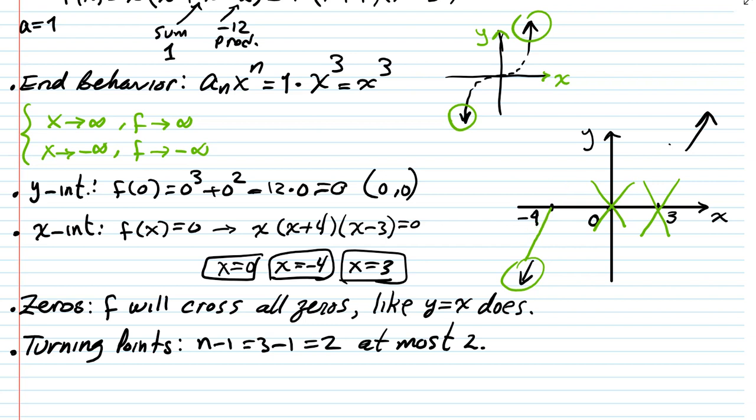Okay, and then if it goes like this, well, if it continues this way, it's going to miss this intercept, right? So it cannot come back, touch, and go this way, because the zero at negative 4, remember, does not touch and bounce. So this is ruled out. Therefore, the function has to come up, turn around, and go right through.